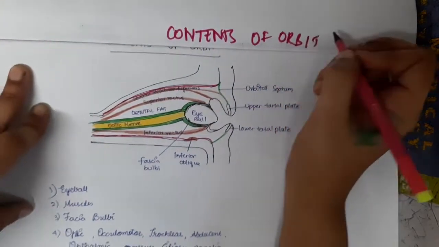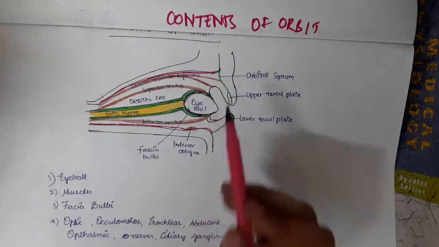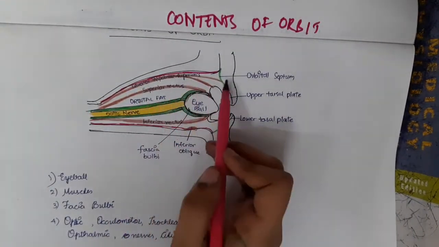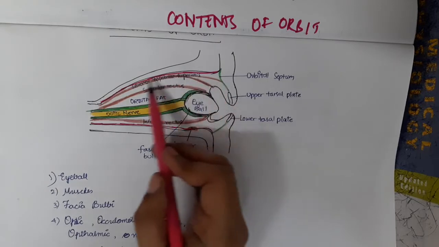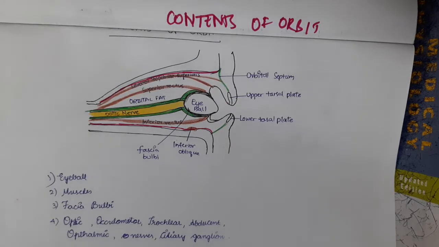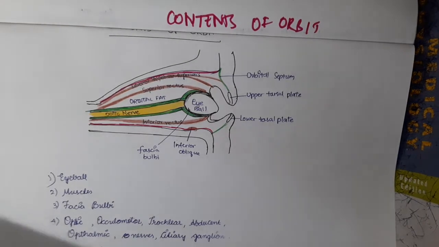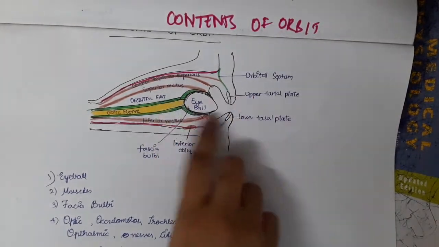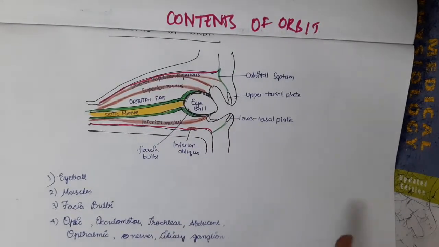If you see the contents of the orbit, one, you will see the presence of the eyeball, the optic nerve, and orbital fat. Then you will see the levator palpebrae superioris muscle, all the recti, and all the oblique muscles. You will also see the ophthalmic artery, ophthalmic vein, the lacrimal gland and orbital fat.